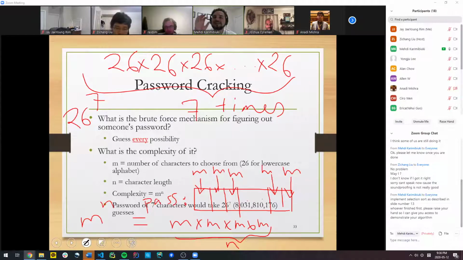Just 26 characters, because nowadays passwords are worse than that. I mean, passwords are more complex. You have to do uppercase and lowercase to just make it more complex. So that's even more than 26 characters. It's like, I don't know, 100 different types of options you can have for every single space in your password.